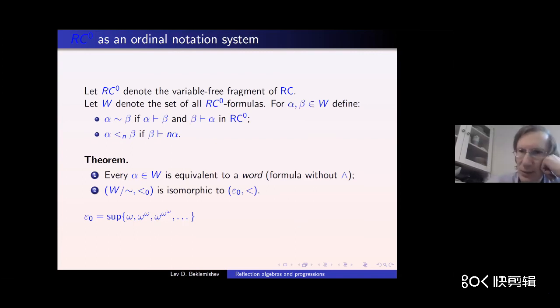The minimal subalgebra generated by constant 1 in this lattice of theories corresponds to the variable free fragment of RC. Those formulas of RC which have no variables, just built up from constants using conjunction and reflection operations.